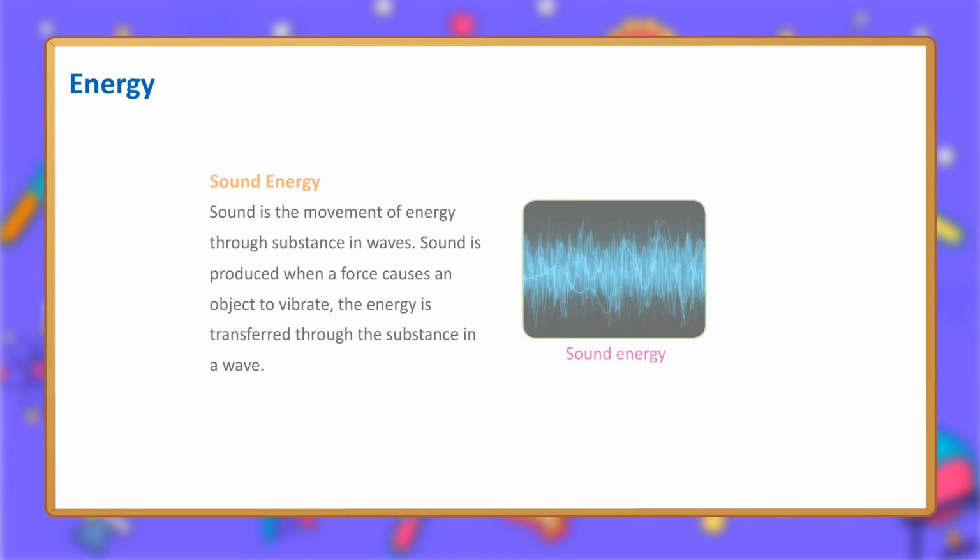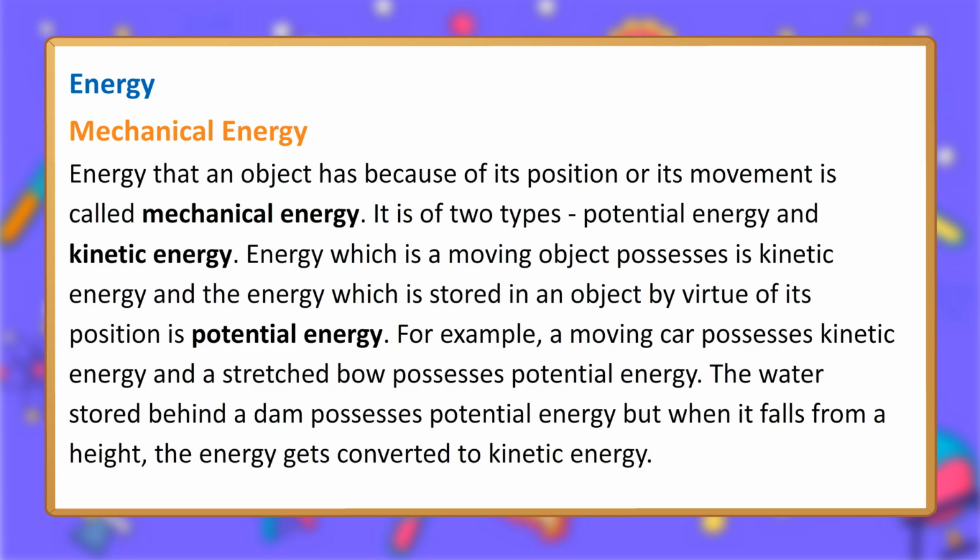Mechanical energy. Energy that an object has because of its position or its movement is called mechanical energy. It is of two types, potential energy and kinetic energy. The energy which a moving object possesses is kinetic energy, and the energy which is stored in an object by virtue of its position is potential energy.